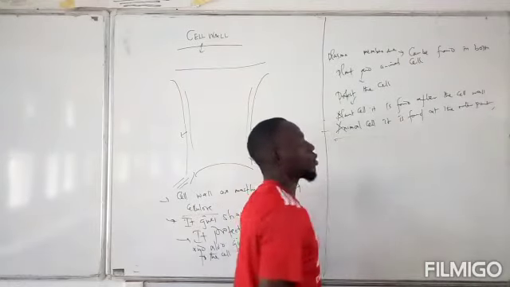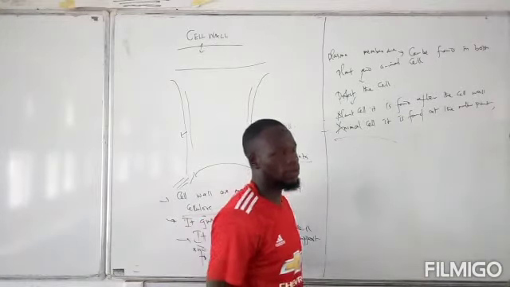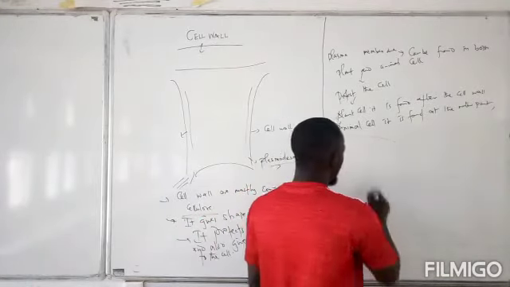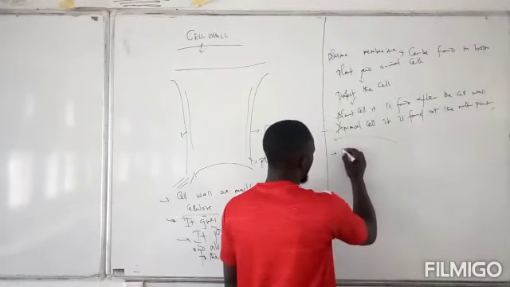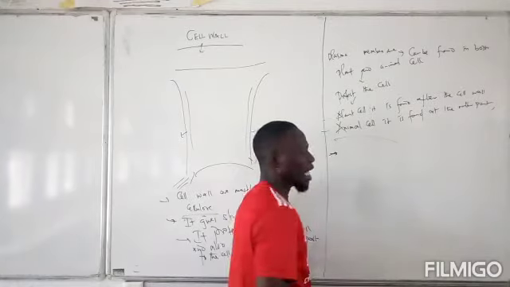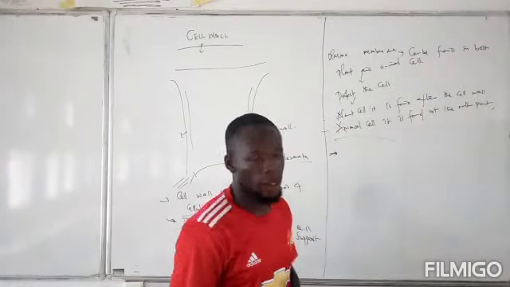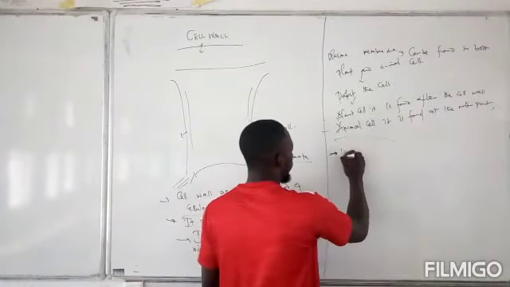Now, what is this cell membrane composed of, or what is it made up of? The cell membrane is made up of two layers. It has an outer layer and it has an inner layer.